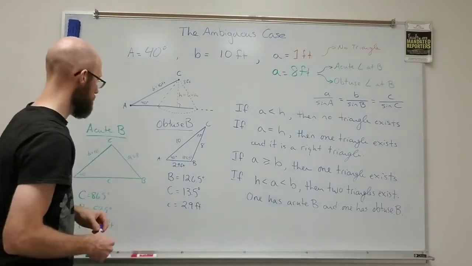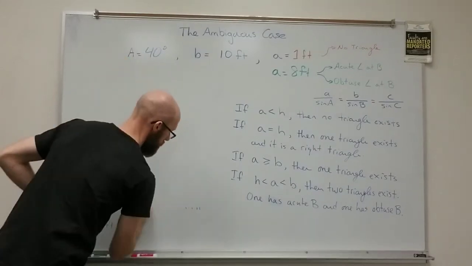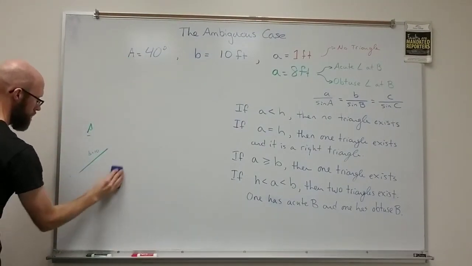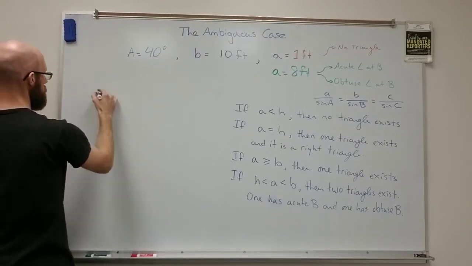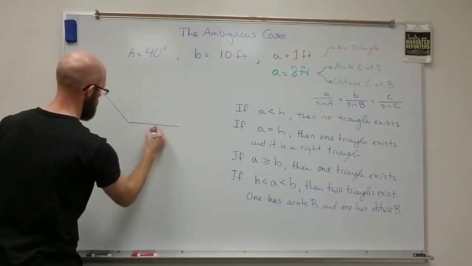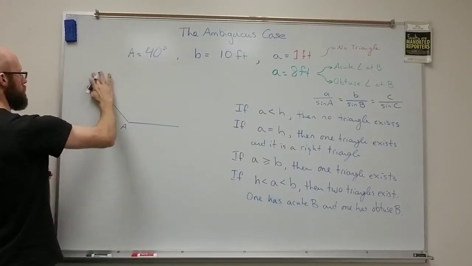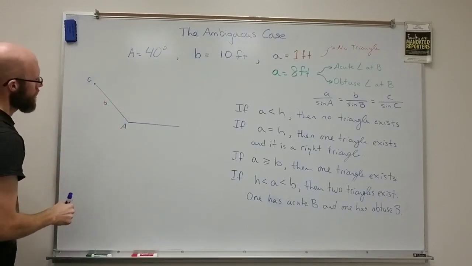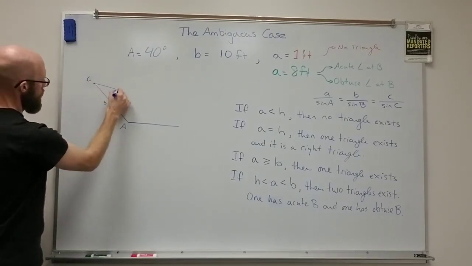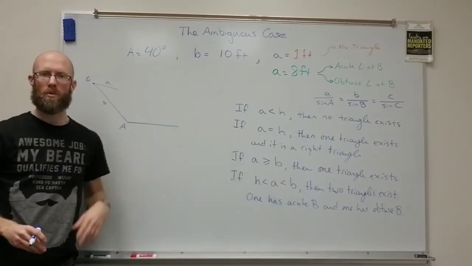In those cases, let me erase some of this and draw that out for you. There's angle A, and C is up here, and B is along this side. If this is A and it's too short, it won't get all the way down.